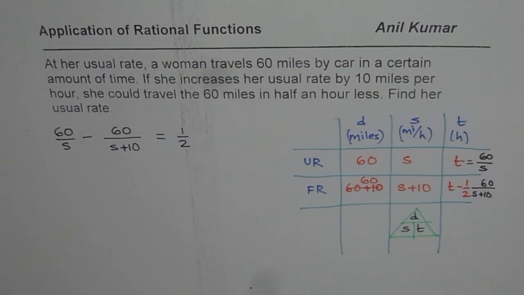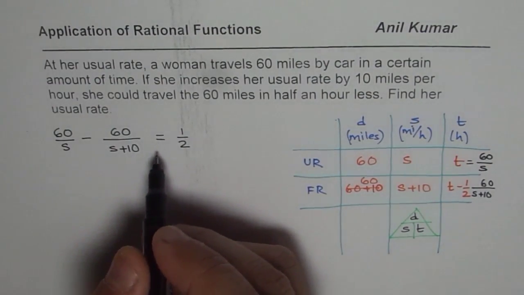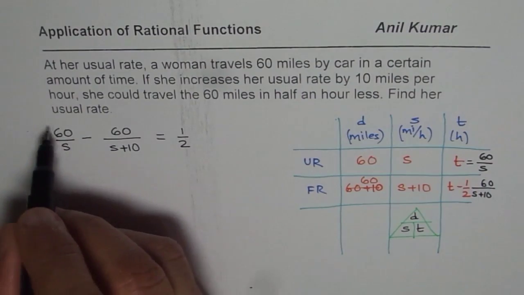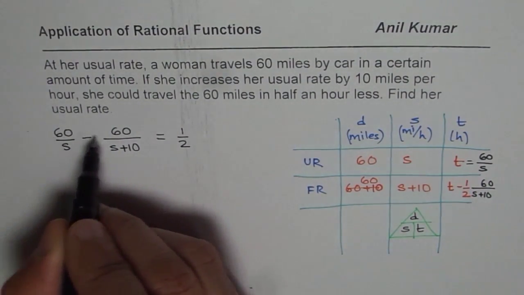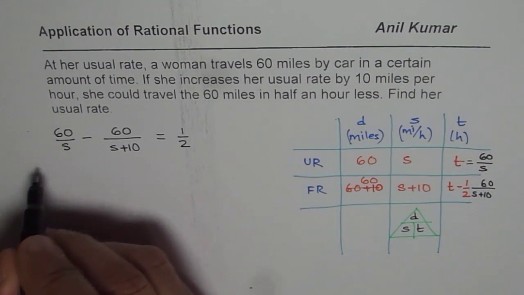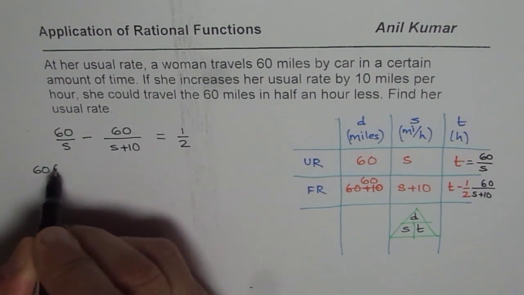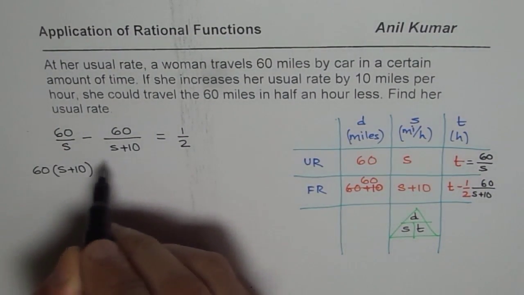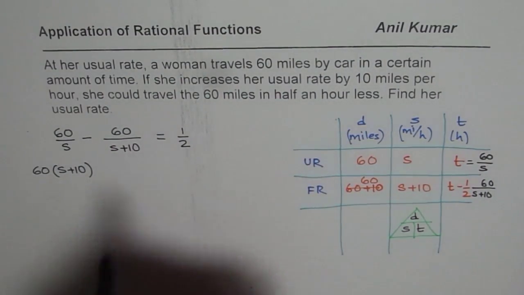So once you have the equation, you can take a common denominator and multiply. Okay, so let's do that. You could also simplify this equation a bit. We can take 60 common, or let's not do that. Let's straight away multiply. So we have this as 60 times s plus 10, and also by 2, because the common denominator, we are multiplying by everything in the denominator here.